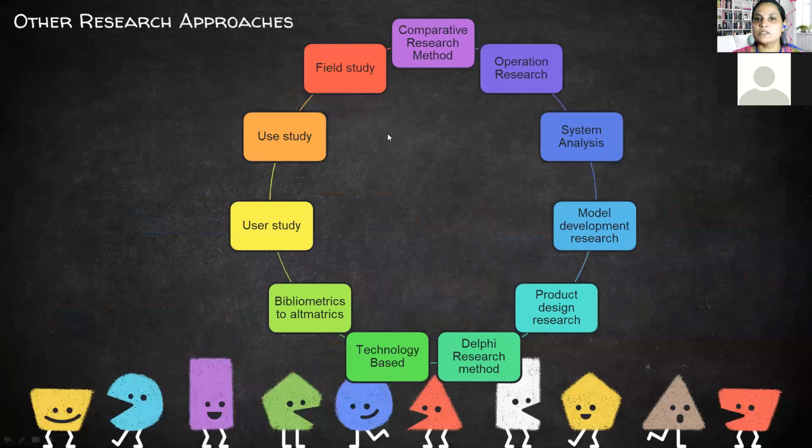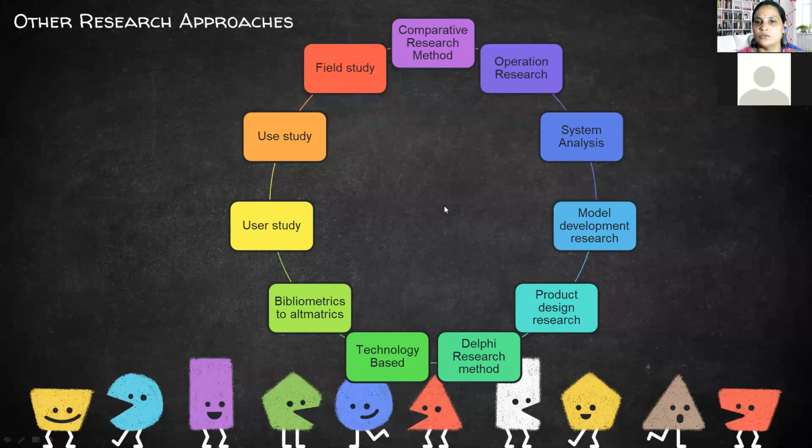There are two types for that, and other approaches are also there. So by type of data, we have qualitative data and quantitative data. And the other approaches are also there, like comparative research, operation research, system analysis, development, model development research, product design research, Delphi research, technology based research, bibliometric to altmetric, user study, use study, and field study.